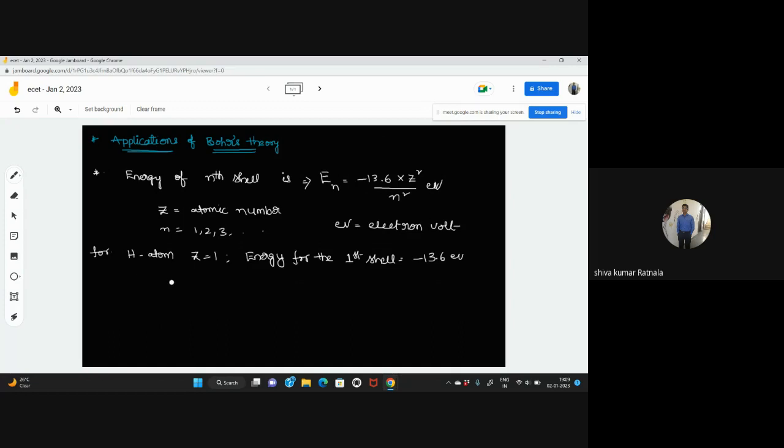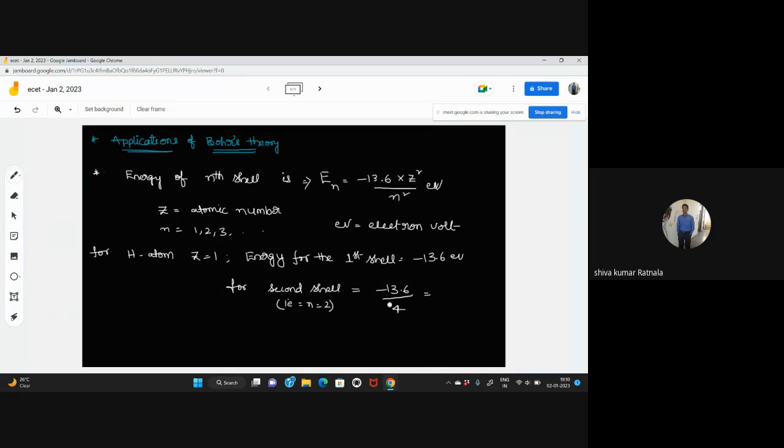One more point: for the same hydrogen atom, the energy for the second shell. This minus 13.6 is there. So for the second shell, n equal to 2, minus 13.6 upon 4.